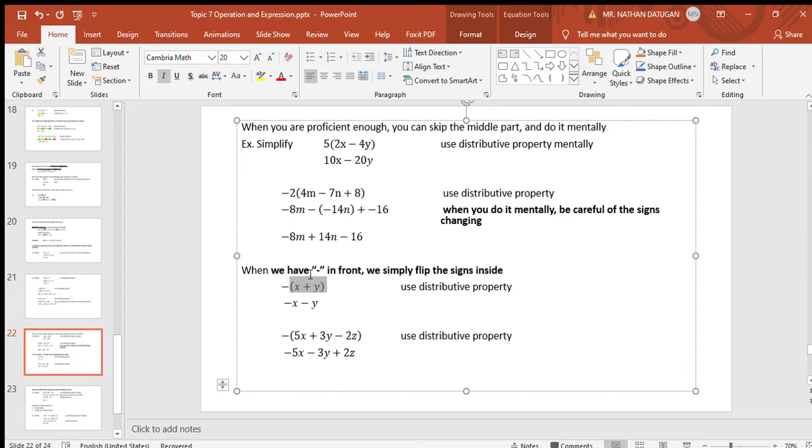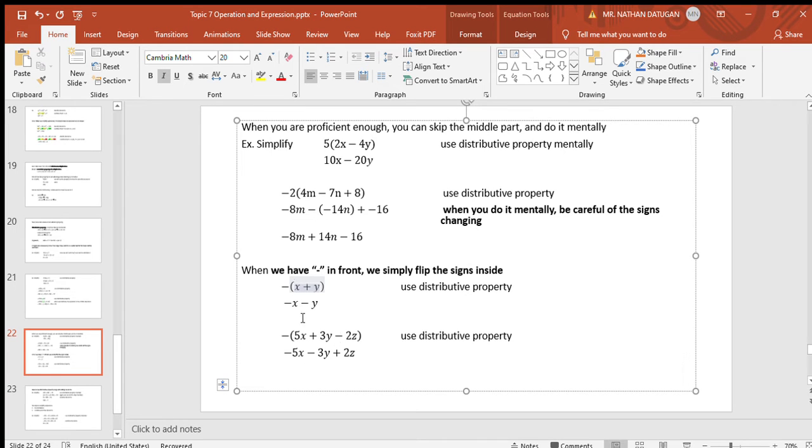So positive becomes negative and negative becomes positive. So here you go. We're simply going to flip all the terms inside the parentheses. Positive x becomes negative x, and positive y becomes negative y. It's pretty simple, right?